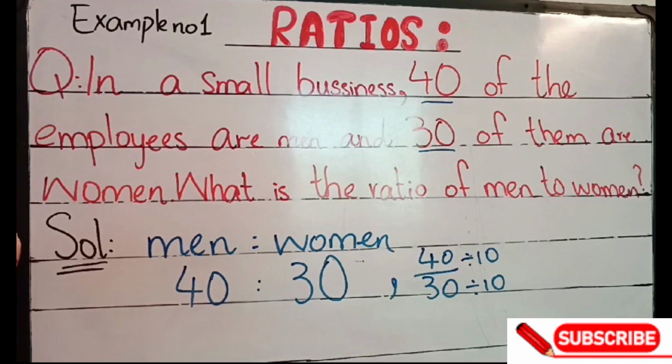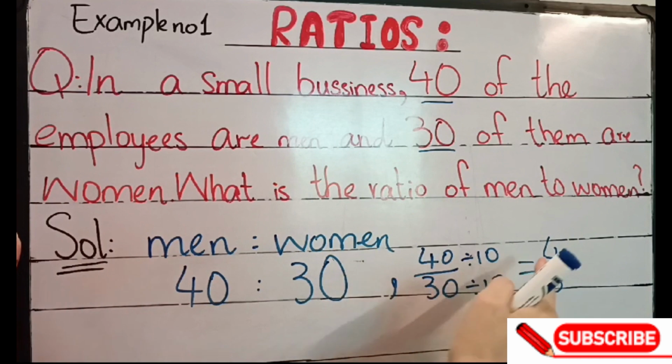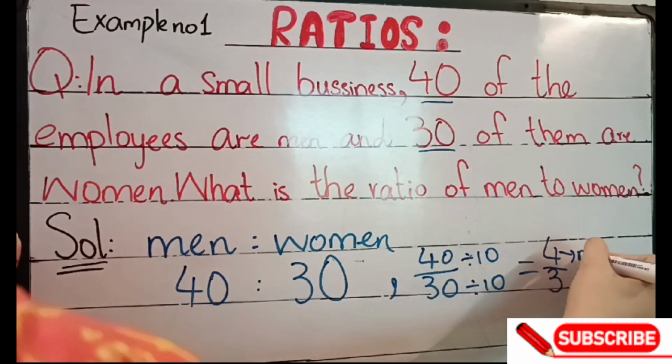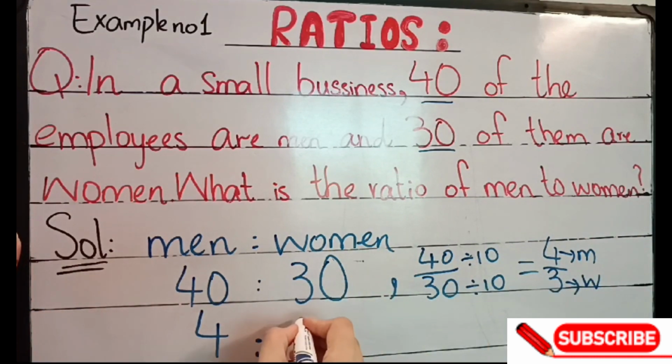So just divide by 10 and the zeros are cancelled. 10 4s are 40 and 10 3s are 30. So the ratio of men to women is 4 on the top for men and 3 at the bottom for women. So write it like 4 is to 3. This is the simplified form of the ratio of men to women.